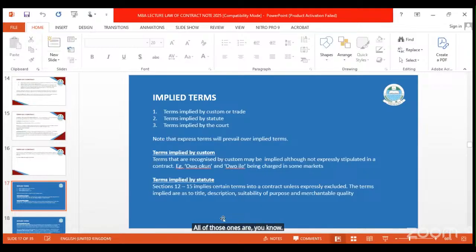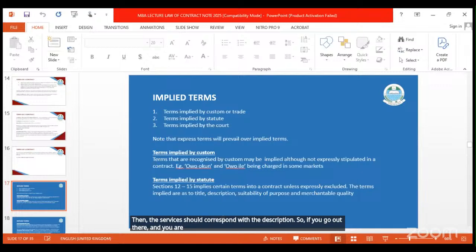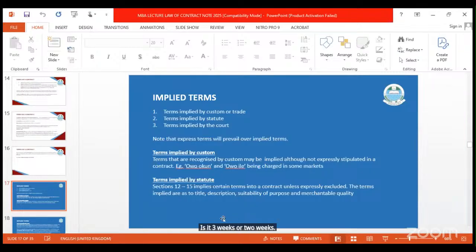If you are buying goods or services by description, then the services should correspond with the description. So if you go out there and you are saying you are a lawyer, a learned colleague, a lawyer of 3 weeks at the bar, then you must perform your services as a lawyer.